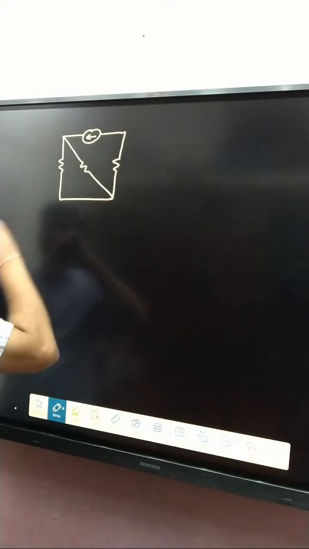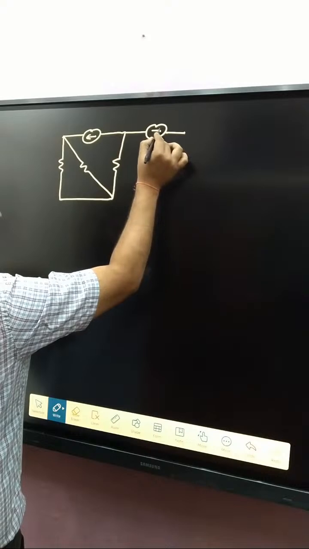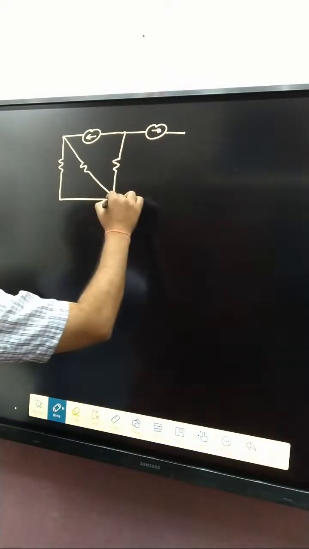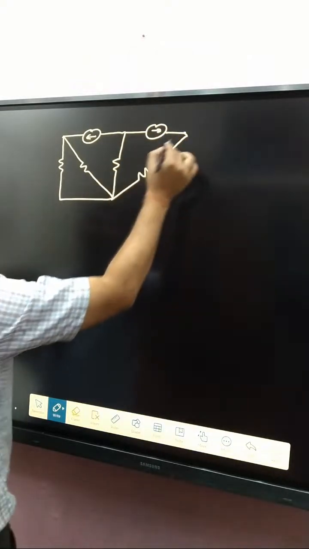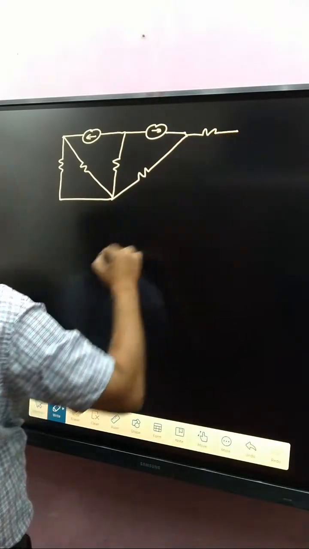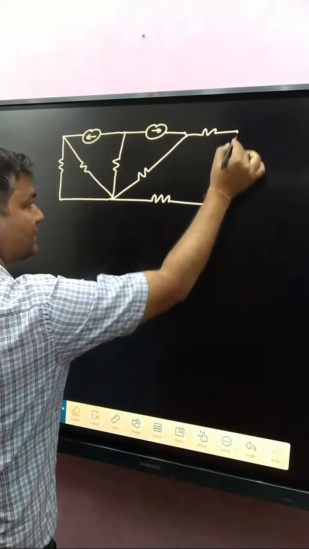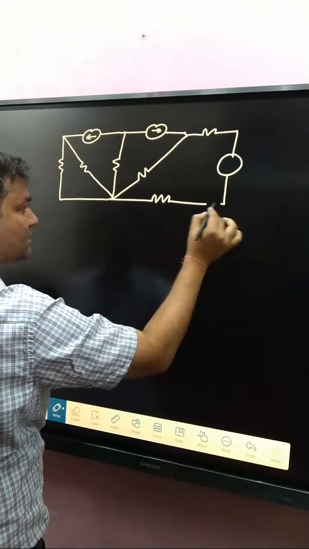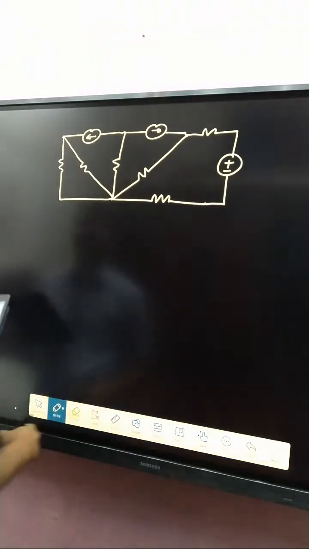Here again a current source, a resistance, another resistance, and here a voltage source, with plus and minus.